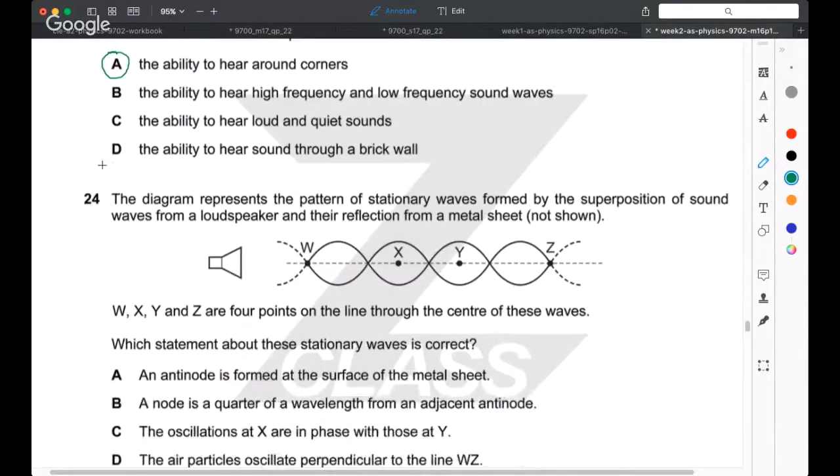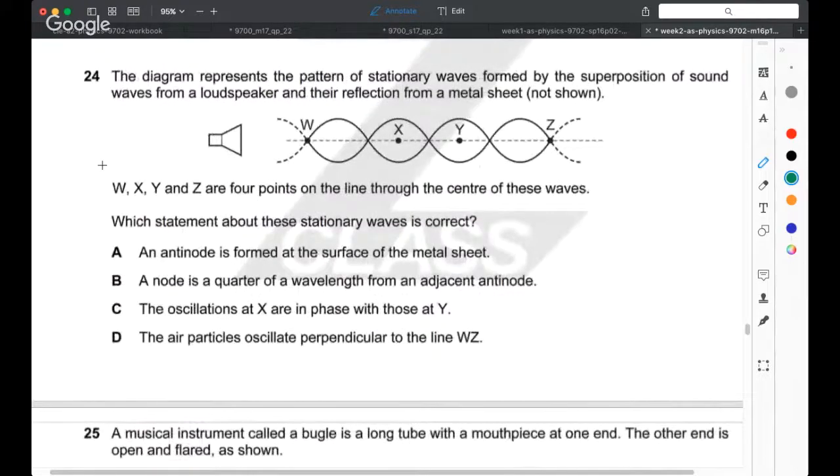Yeah, it could be D. Which of these is correct? No, it's correct. It's not C. It's not D. Yeah, it's not A, it's B again. Yes. It's B.